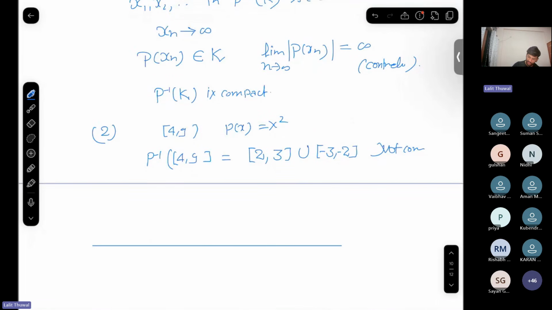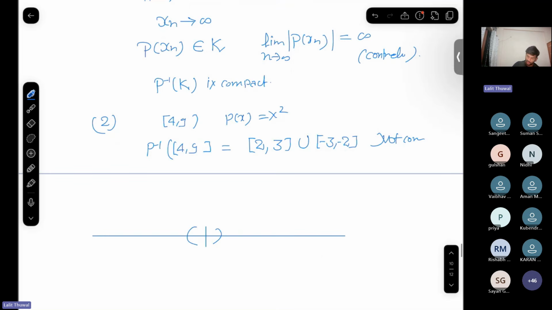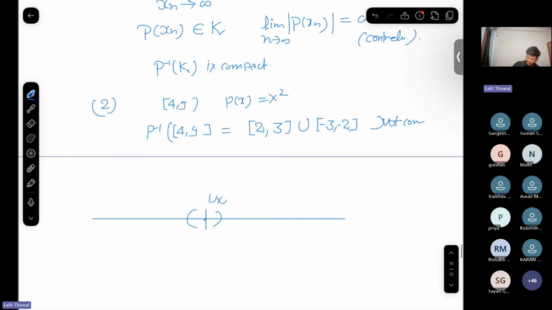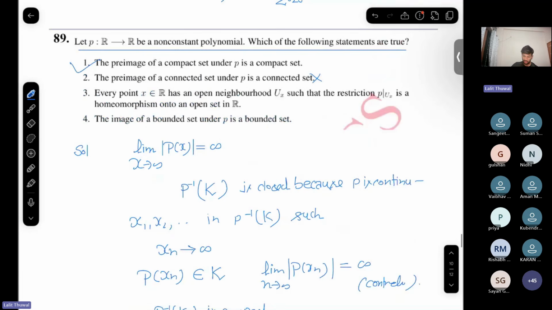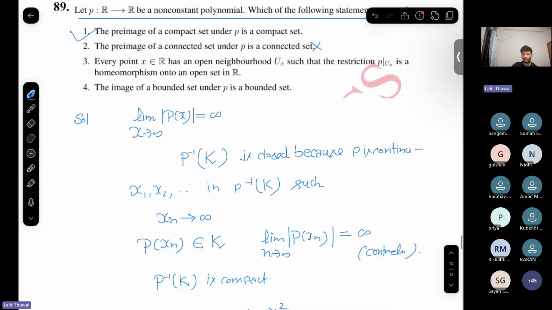This means that if you pick any point, there is a neighborhood Ux of that such that P from Ux onto an open set of R. Image must be open. Polynomials are open, man. Not open, right? Need not be open. So that is a hint.